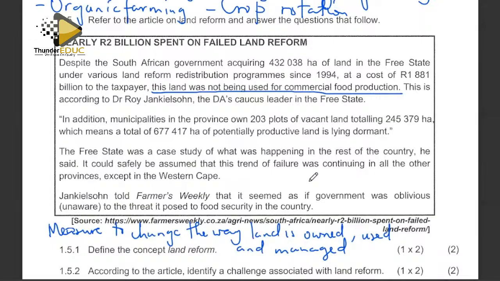That's the challenge. The government had spent so much money to acquire land and also redistribute the land, but the land is not being used for commercial food production.